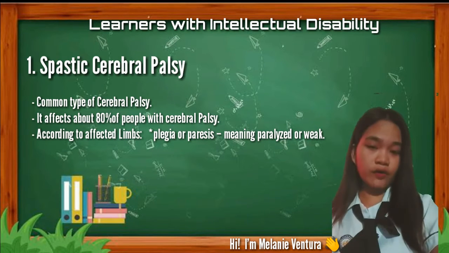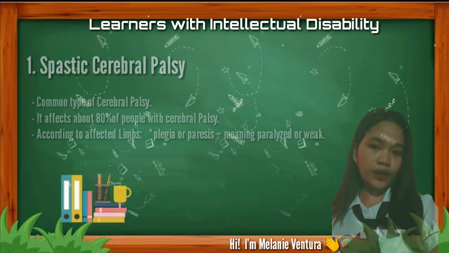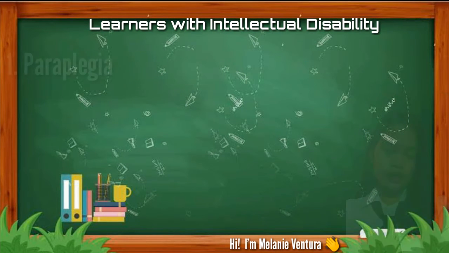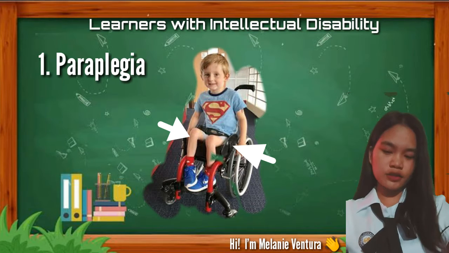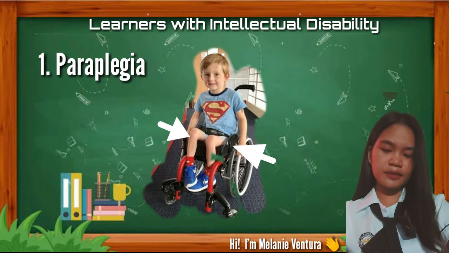But according to affected limbs, plegia or paresis, meaning paralyzed or weak, can be classified into four sections. Diplegia affects both legs with slight involvement elsewhere, and it may also have contractures of hips and knees and talipes equinovarus or club foot.